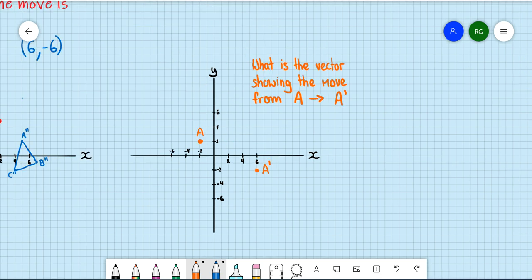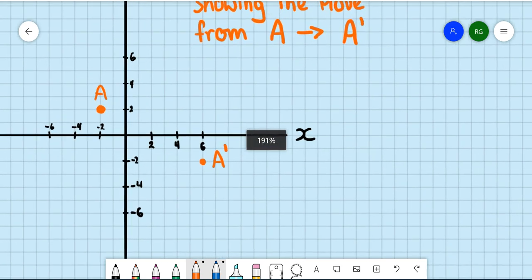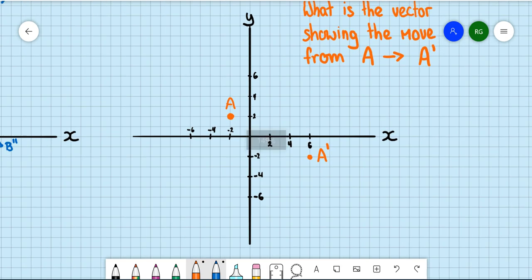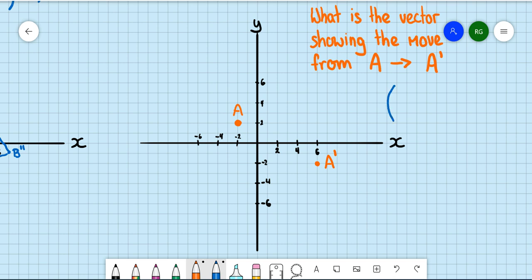Now going in reverse, sometimes we might be given 2 shapes, and the question is, what is the vector that has moved from point A to A dash? So we're starting at this first point and we're ending up down here. I'm going to use a blue pen, and the vector is always in the form x, y.